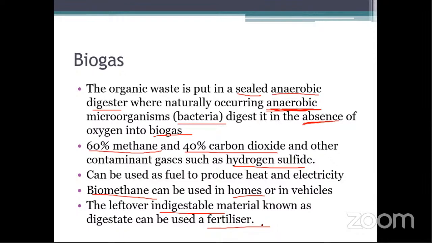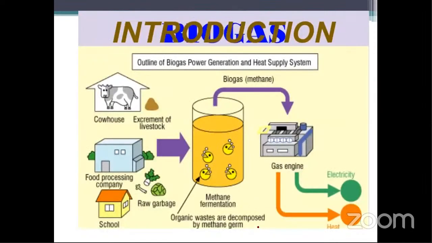So it's renewable. This is how it works. Again, you have all these products: excrement from livestock, raw garbage, all of this organic matter. You put it in your sealed digester, and you have to keep it away from oxygen.